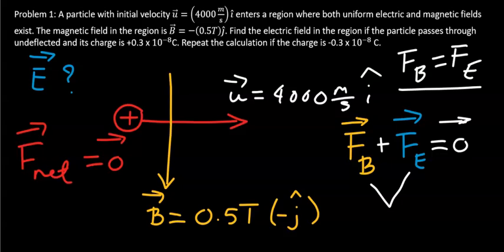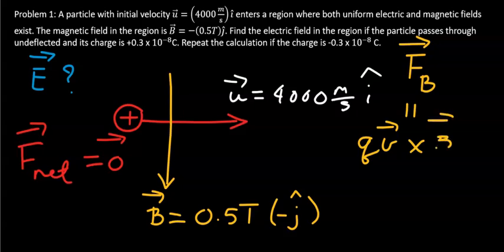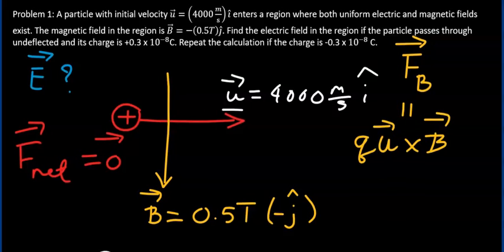So let's look at the directions of these two forces, starting with the magnetic force. Magnetic force is given by the following expression: charge, the cross product of the velocity vector and the magnetic field. In this case, the velocity vector is quite simply the vector u. So let's apply the right-hand rule to this expression.